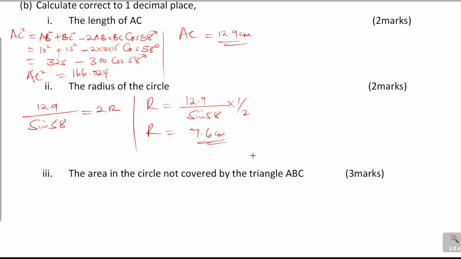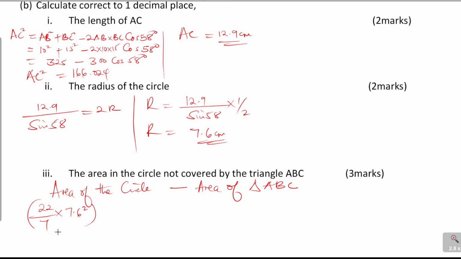So the area of the circle, then subtract the area of triangle ABC. Now how to get the area of the circle? Pi r squared. So you have 22 divided by 7, and we got the radius. The radius of the circle is 7.6 squared, like that.